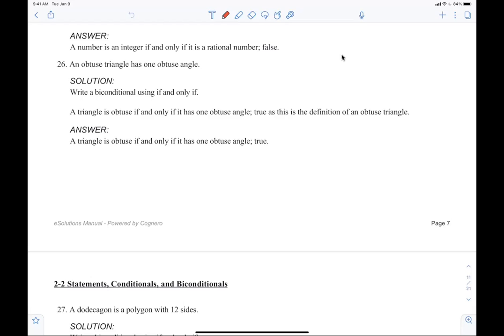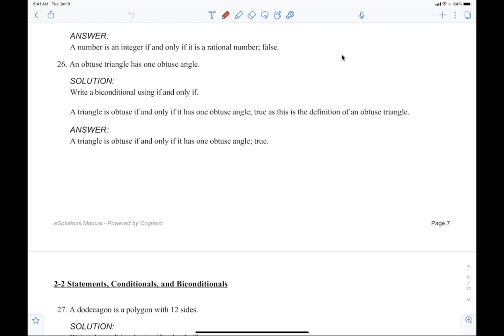What do you mean about if the conditional and the converse are true? How do you tell that they're both true? You read what it says and see if it's true or not. So if a triangle is obtuse, then it has one obtuse angle. That would be the conditional.